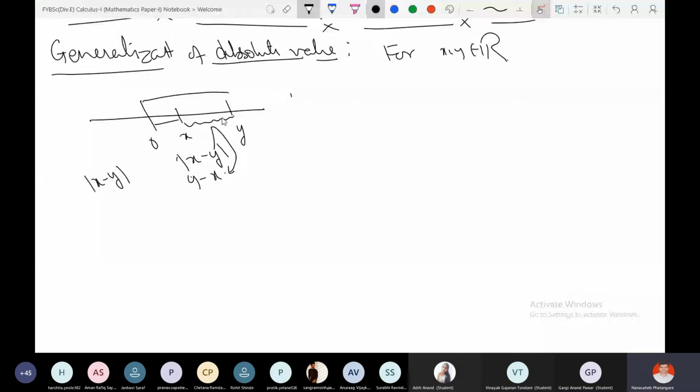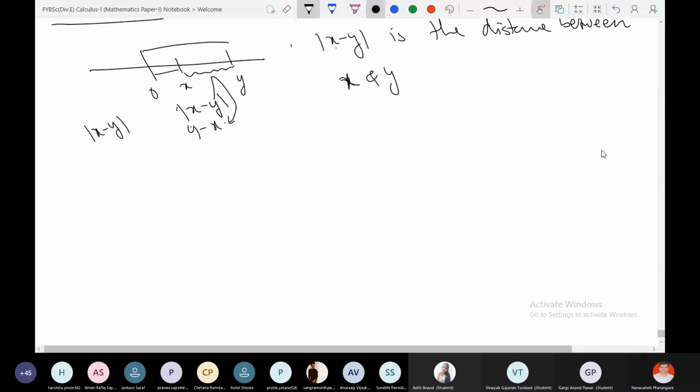So if numbers are negative, then also the same thing is true. So absolute value of x minus y is the distance between x and y, right? Do you understand this? Absolute value of x minus y is the distance between x and y.